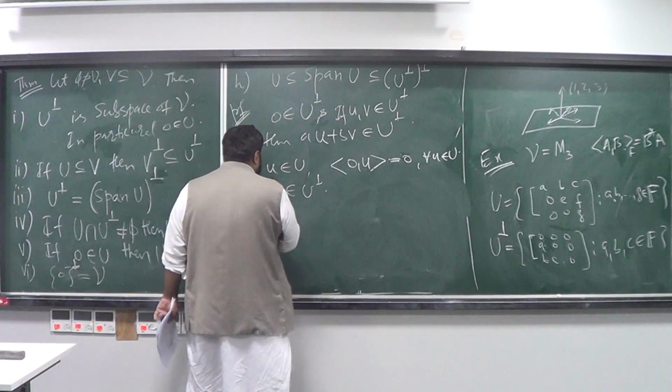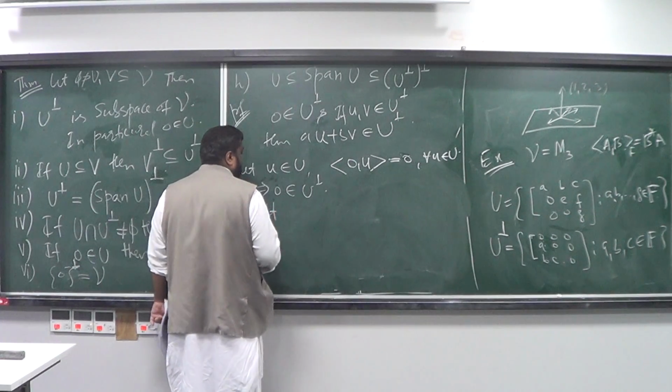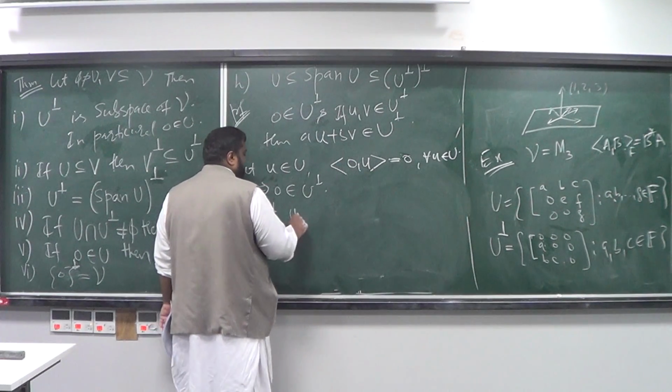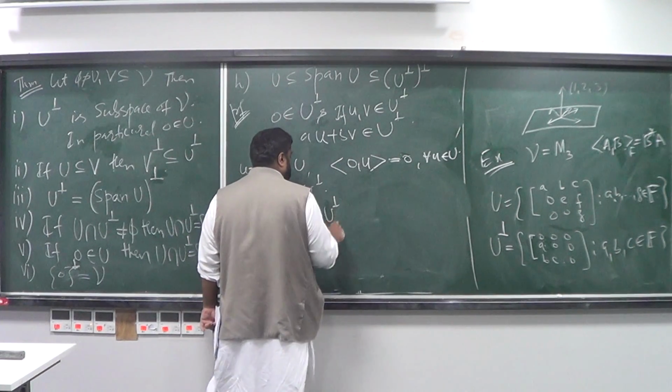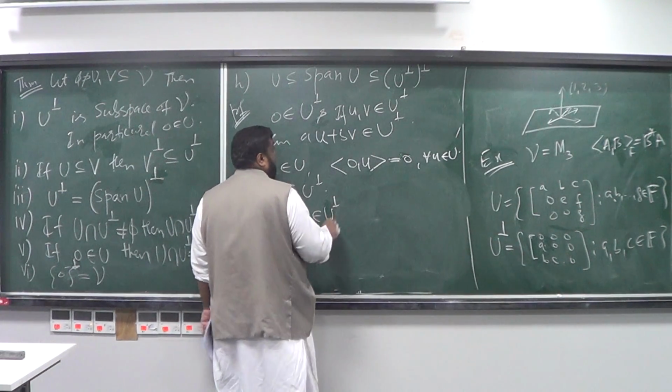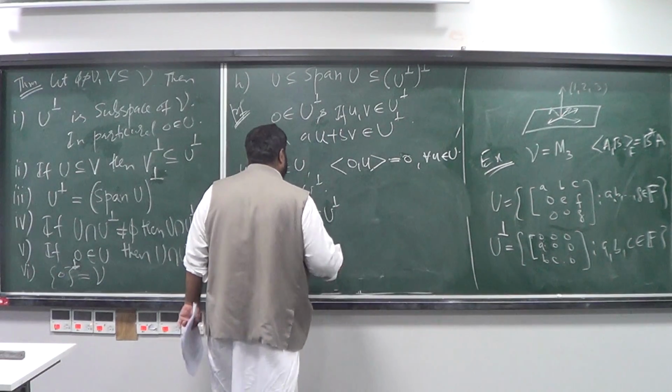Now, next, say you take two vectors U and V from U perp, and I want to show that their linear combination is also in U perp.